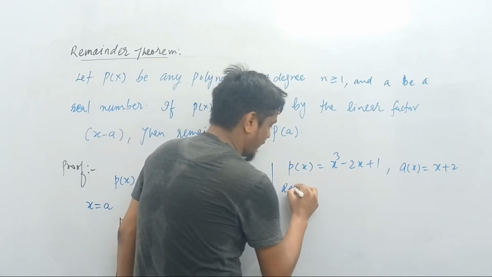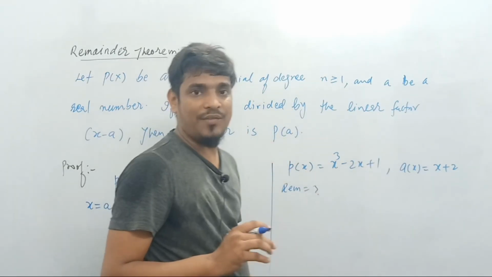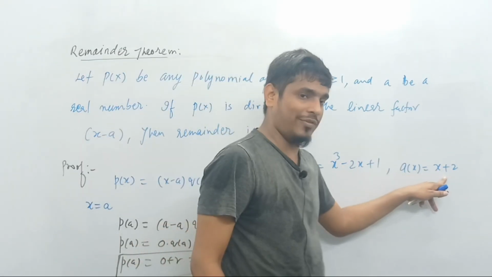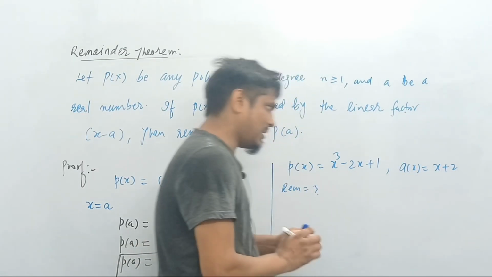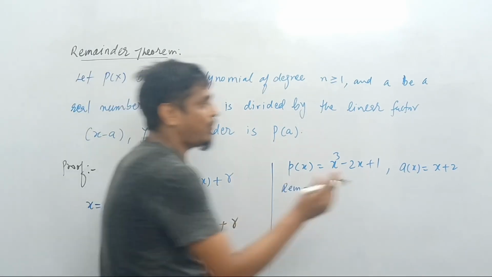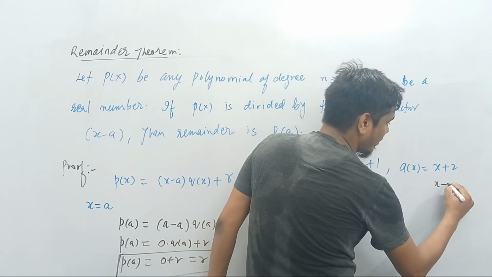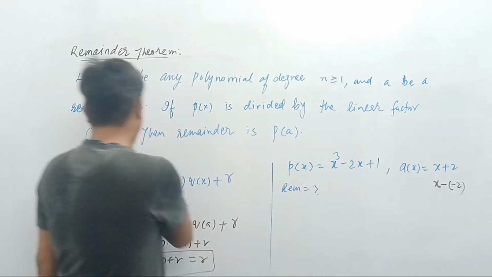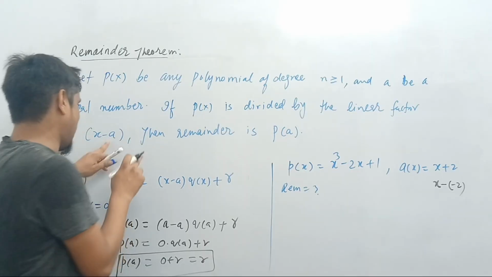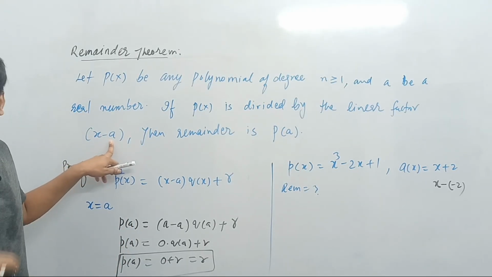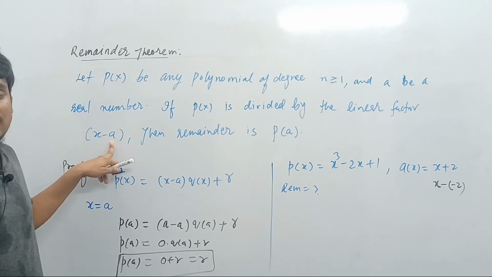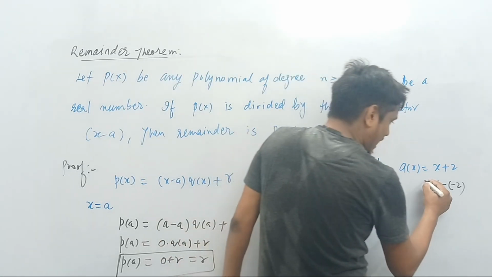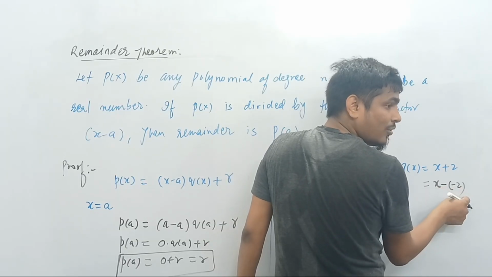We need not go for the long division method, we just need to use the remainder theorem, as the divisor is linear, and obviously it is in the format of x minus a, because this plus 2 we can write as x minus of minus 2. Here a is a real number, might be positive, negative, decimal, fraction, or inside a root, an irrational number, right? So a(x) is equal to x minus of minus 2.